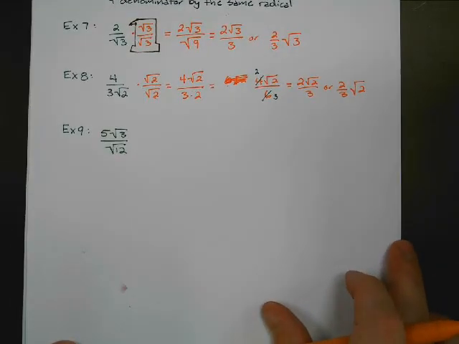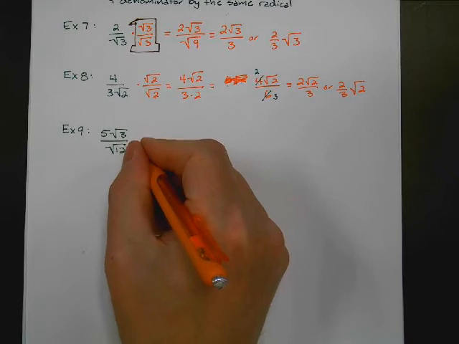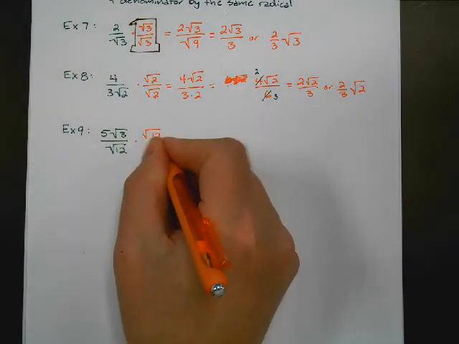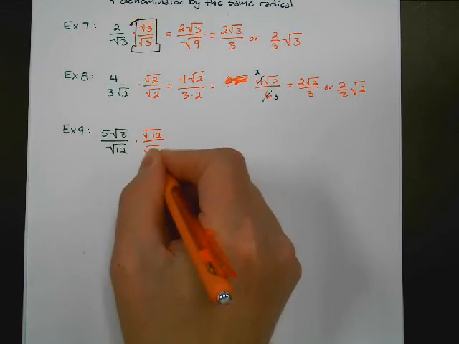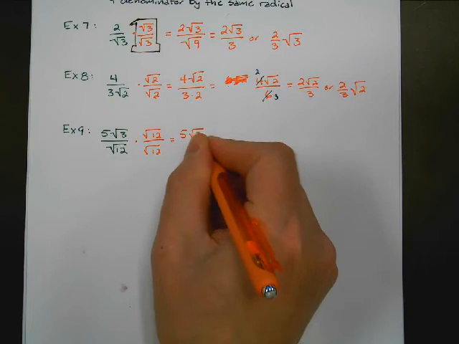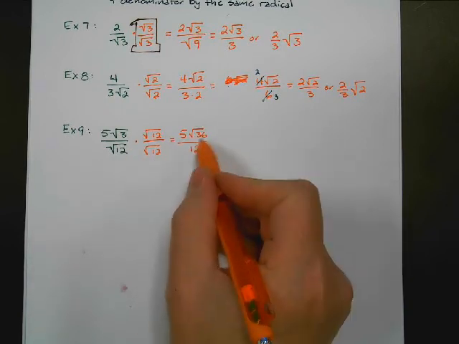All right, next one. There are so many different ways to do this one. Let's say that you just go, okay, I'm going to multiply by root 12. Go for it. Root 12. This would give you 5 root 36. And then root 12 times root 12 is 12. Wait a second.